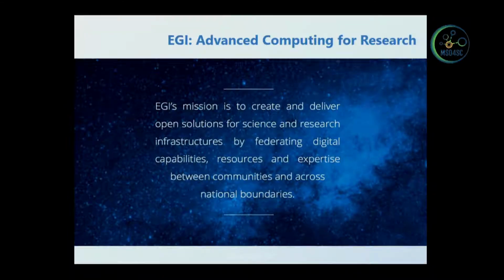So EGI was established in 2010 after nearly one decade of EU-funded or co-funded projects that first set up a computing infrastructure for the Large Hadron experiment at CERN, but then it was generalized and opened up for other scientific disciplines. And then in 2010 they set up an institute in Amsterdam, the EGI Foundation, which is the coordinator and promoter of this whole infrastructure, which is open for any domain of science, any discipline.